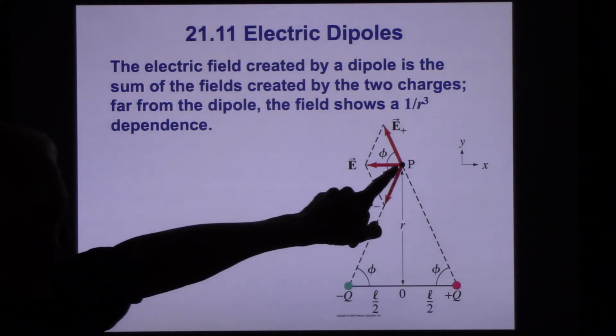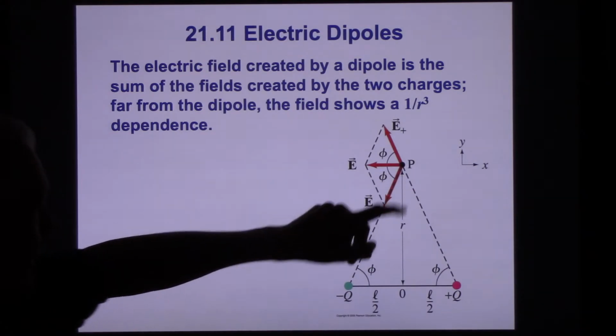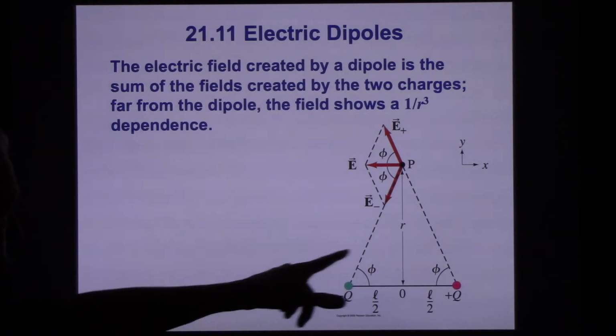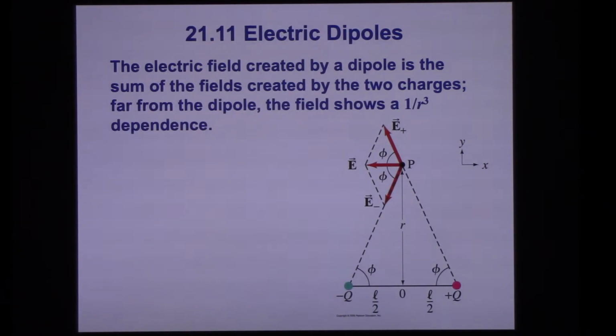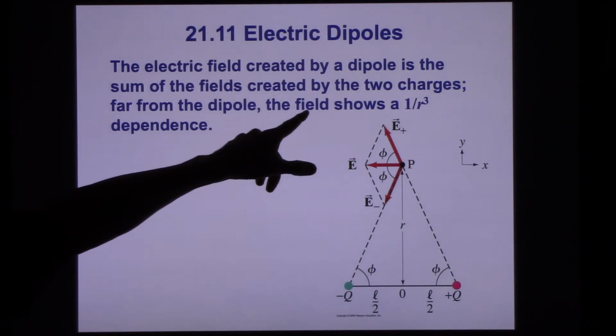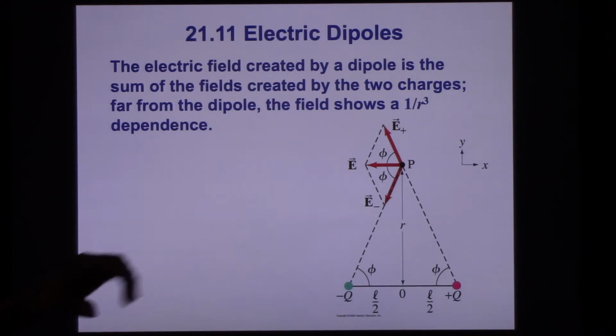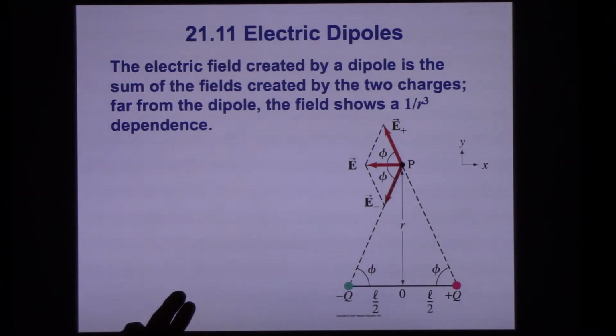And now what we're asking is, if we come out along the y-axis to point P, what will the electric field due to those two charges, due to the dipole, look like? And in particular, they want to show that the field behaves like 1 over r cubed. Remember, for an individual point charge, the field drops off like 1 over r squared.